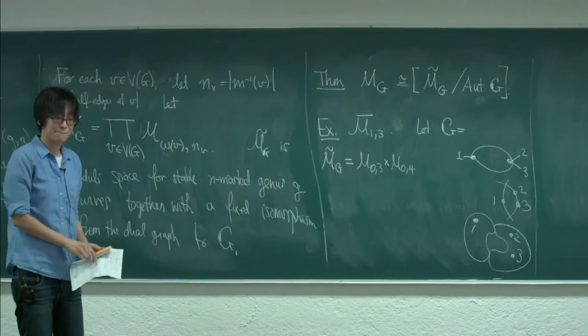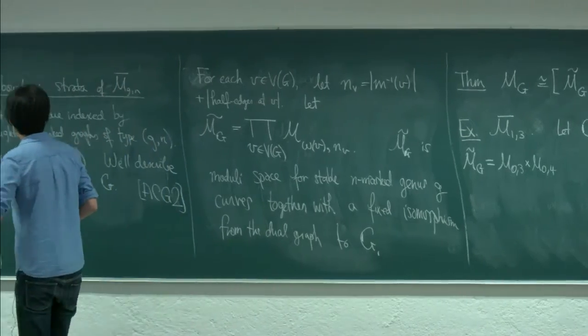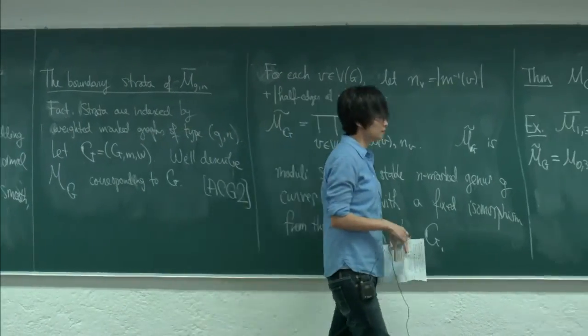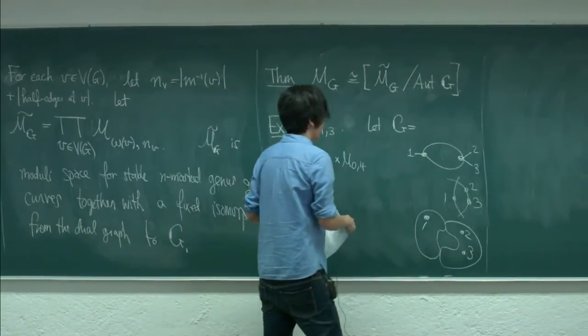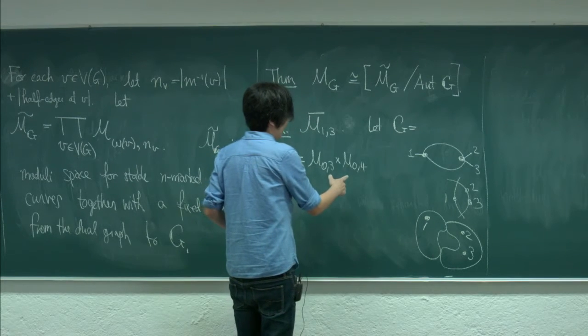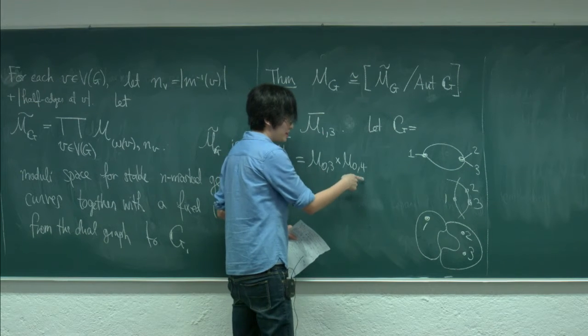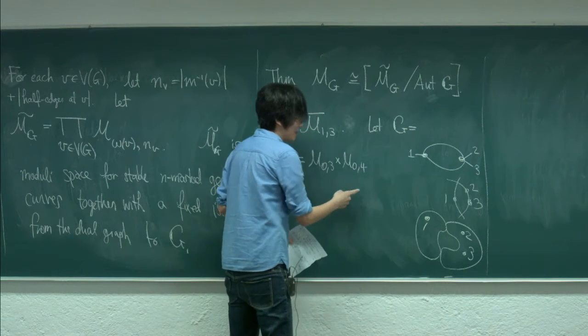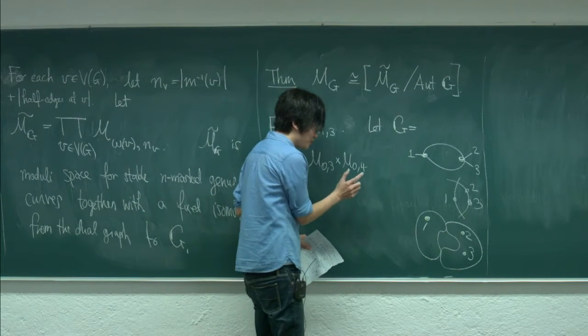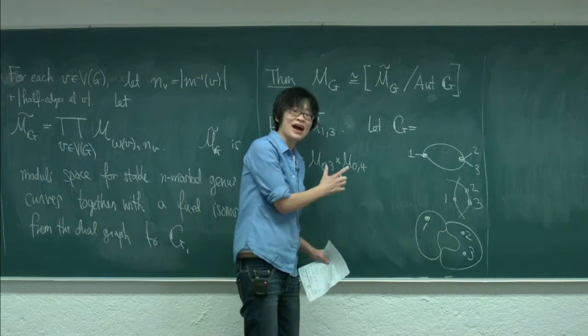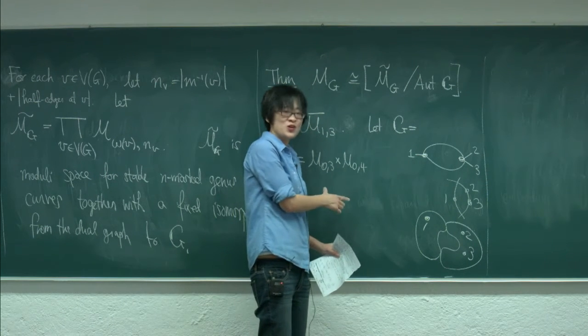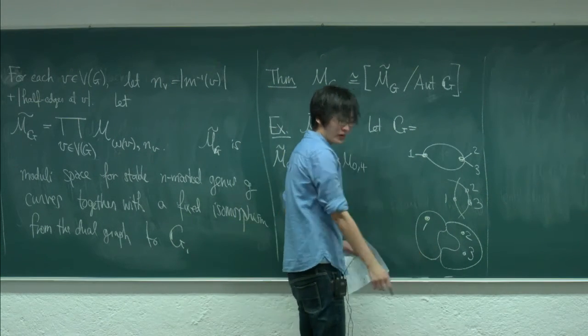Is it okay? Right, so again, you pick 3 points on a P1, and then you pick 4 points on a separate P1. And then you have some specified identification in mind already that transforms that data into a particular stable curve.